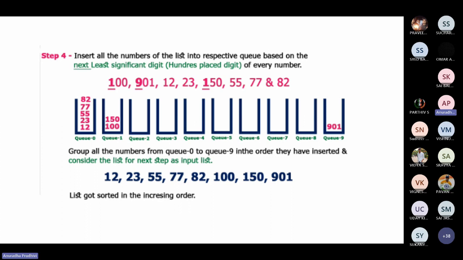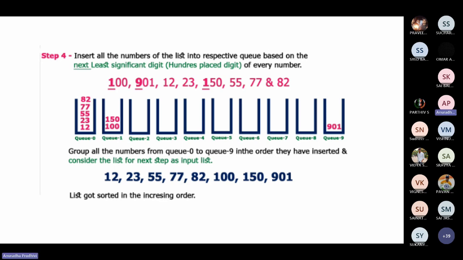So finally, we reached the most significant digit. Next we need to stop sorting. Now we have to group all of this from Q0 to Q9, merge all.